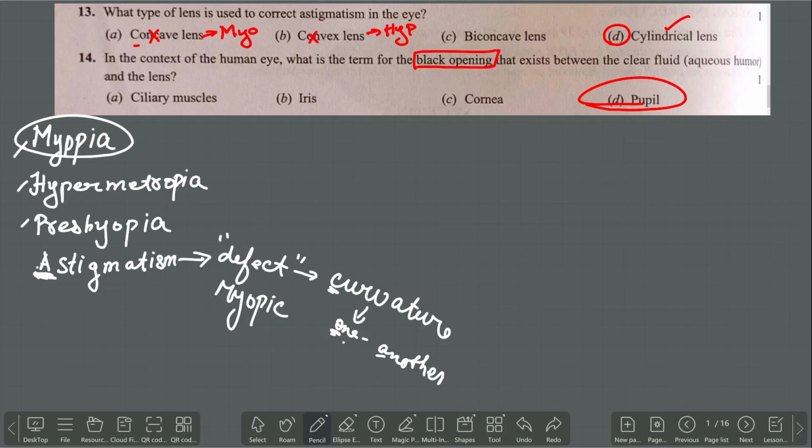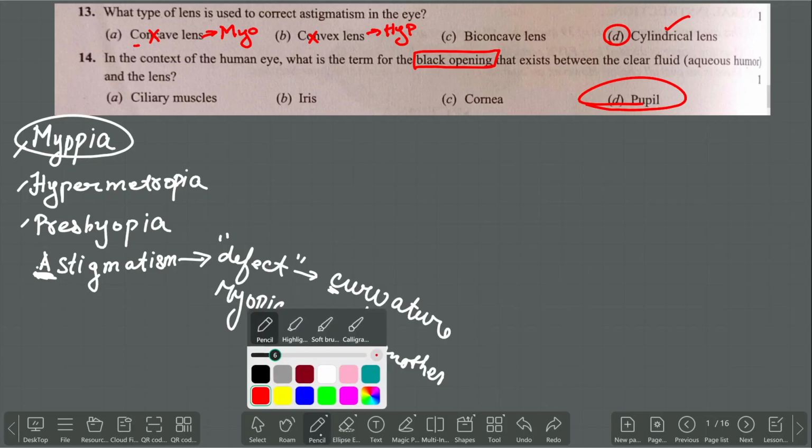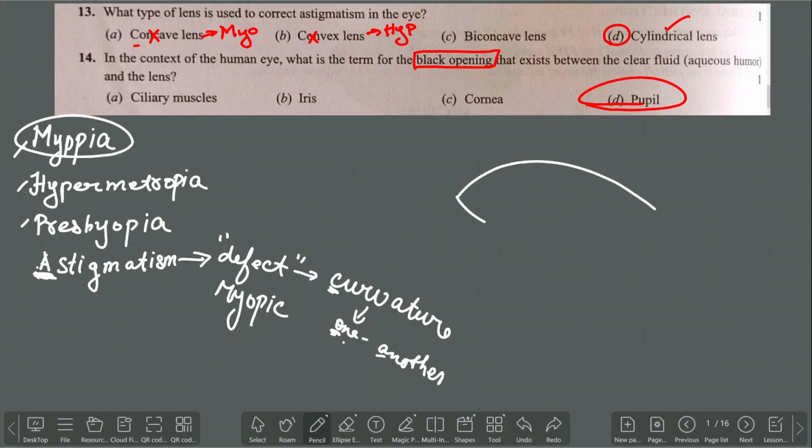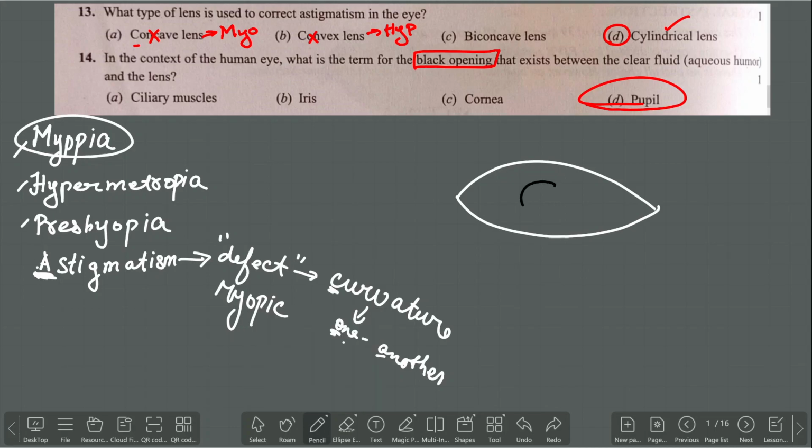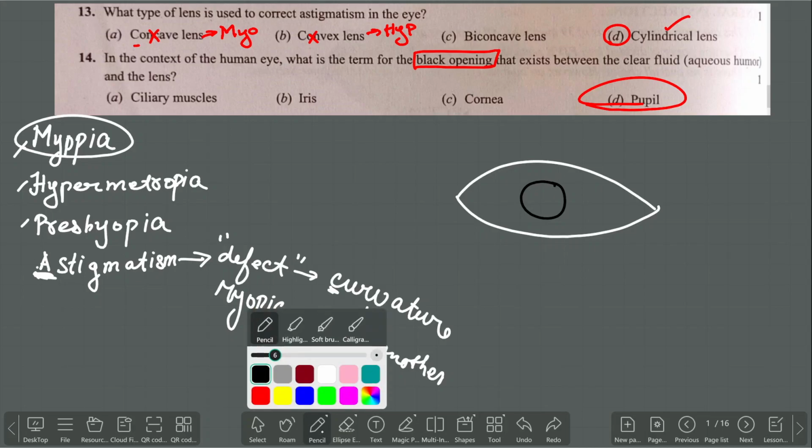Pupil. If you look at our eye, the part that we can see is called the sclera. It will be white in color. Clear? And in the middle there will be a patch-like structure, which we call the iris, and in that middle one small hole-like structure will be there.